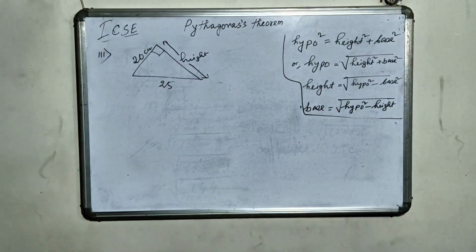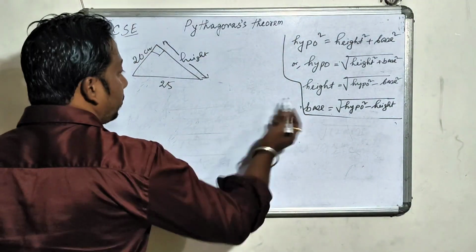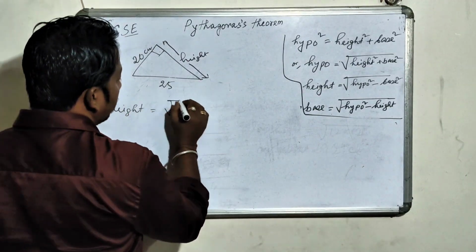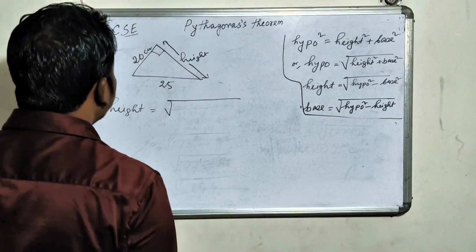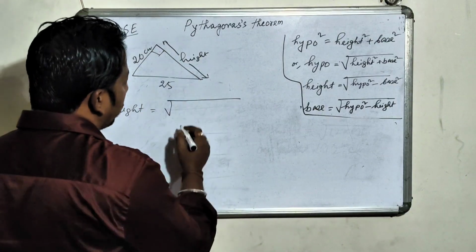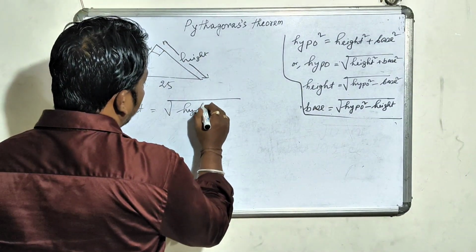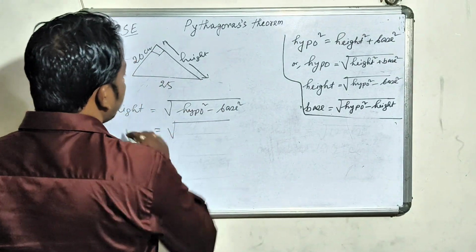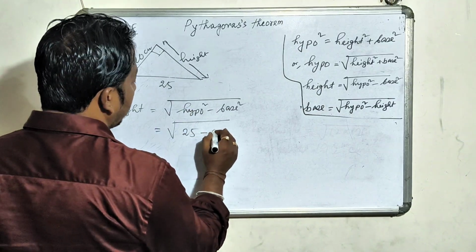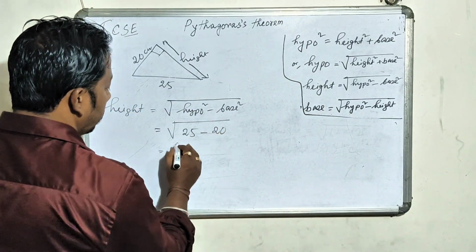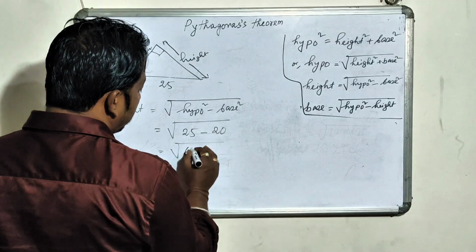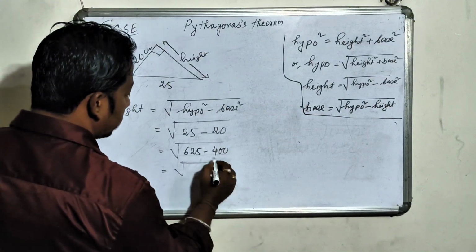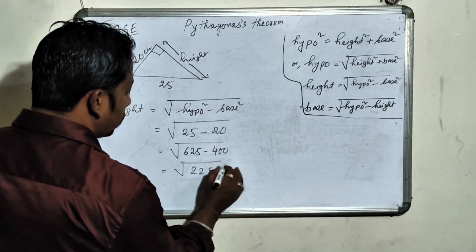So again we have to find out the height. According to the Pythagoras theorem, height equals, again, we don't write the formula again, simply hypo square minus base square. That equals 25 squared minus 20 squared, 625 minus 400, that is 225.